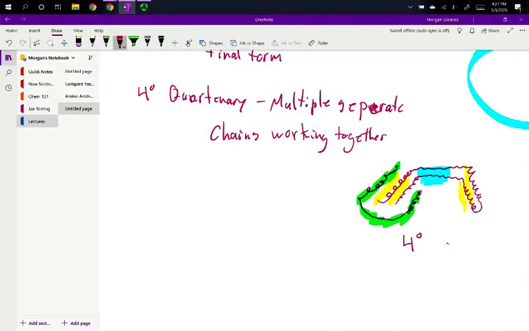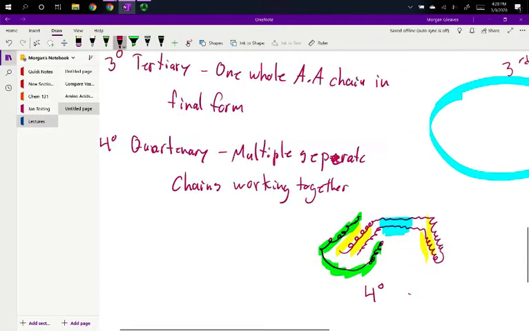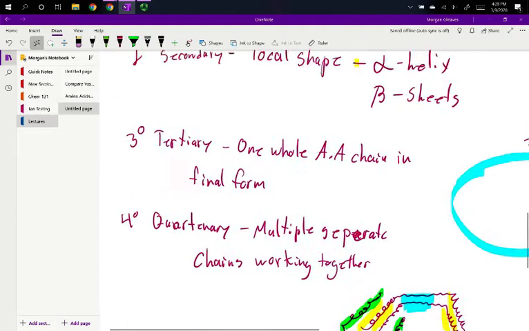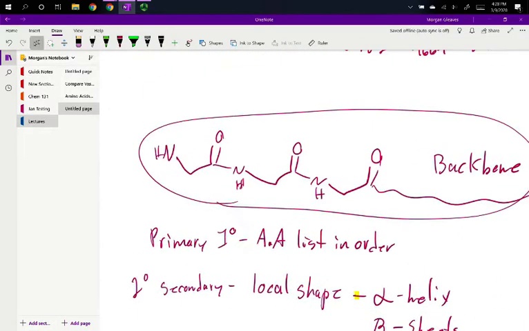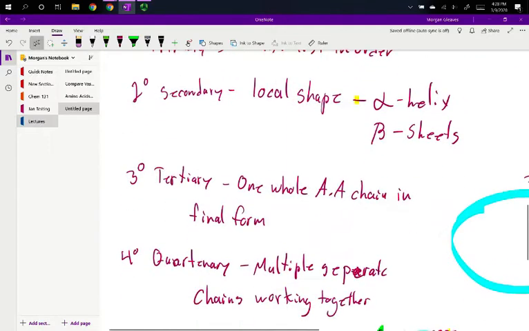Some proteins just do what they do on their own, and they only have a tertiary structure. Some proteins, you need multiple to come together and form a complex. So some of them have a 4th degree structure. So in terms of discussing how we talk about the shapes, why we can't draw them like we draw normal molecules, this is some of those components.